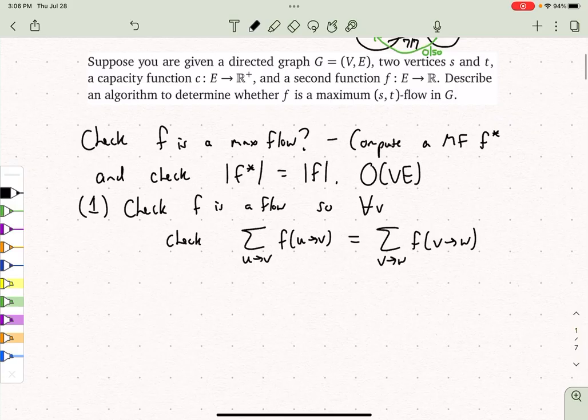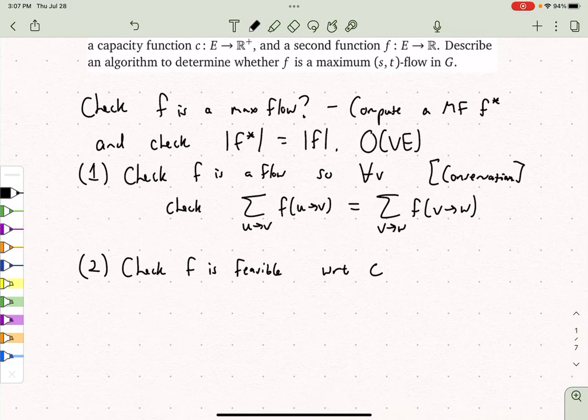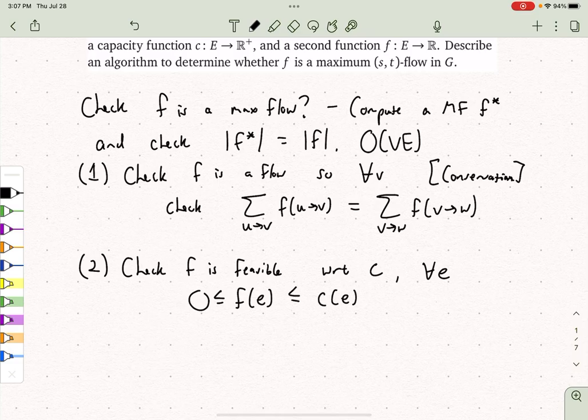That implies F is a flow, because it satisfies conservation. We also need to check that F is feasible, specifically with respect to the capacity function. This just means for every edge, we check that F of e is at least 0 and at most the capacity of that edge.